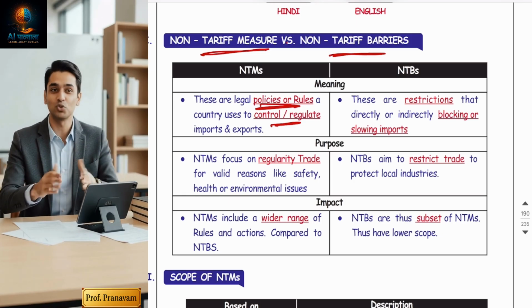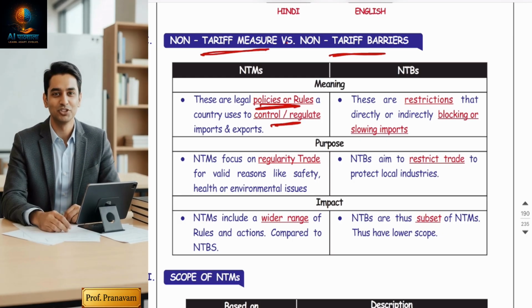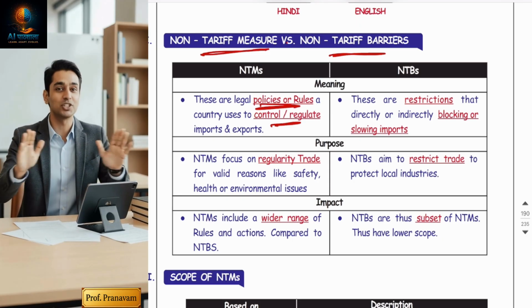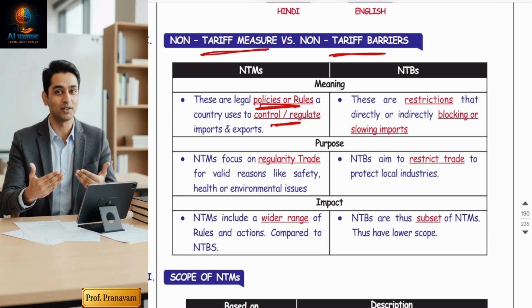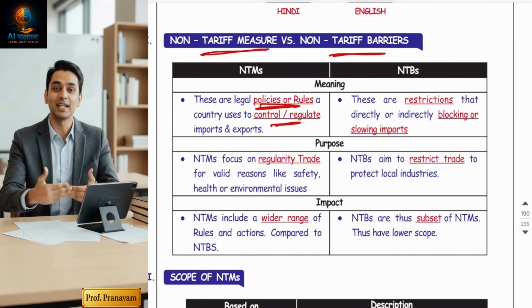Okay, important reasoning here is NTMs are not always meant to block trade. Yes, many NTMs exist for a valid and necessary reason, such as health protection, food safety, environmental protection, national security.